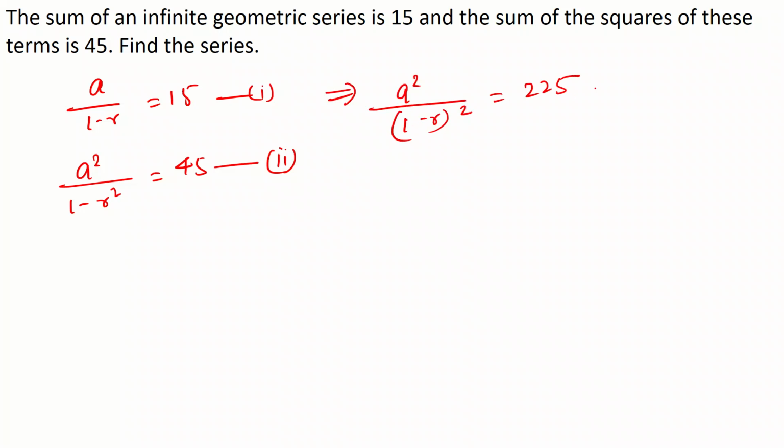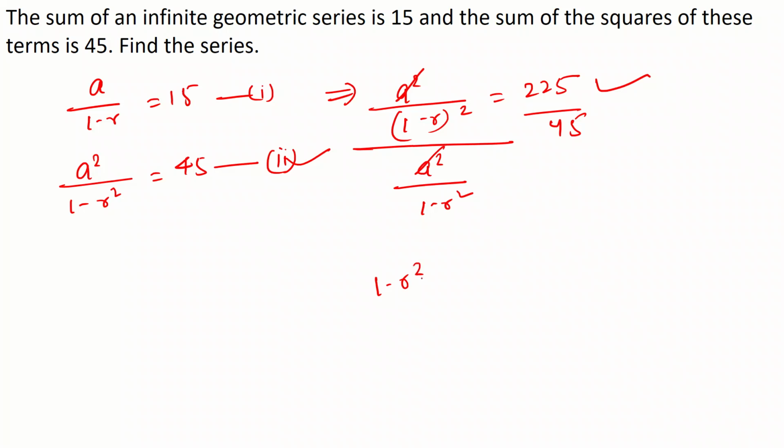And now if I divide this equation with this equation, a is eliminated. So what I do is divide it over here itself: a square by 1 minus r square divided by 45. So a square and a square cancel out. What I'm left with is 1 minus r square by 1 minus r whole square is equal to 225 by 45.